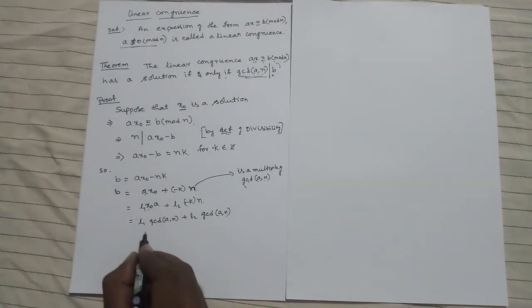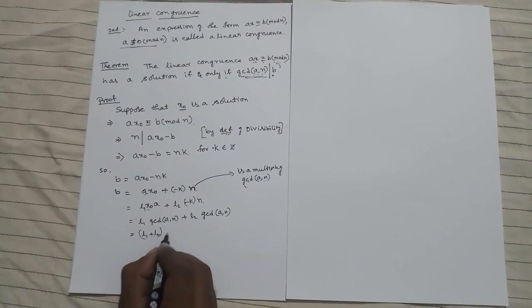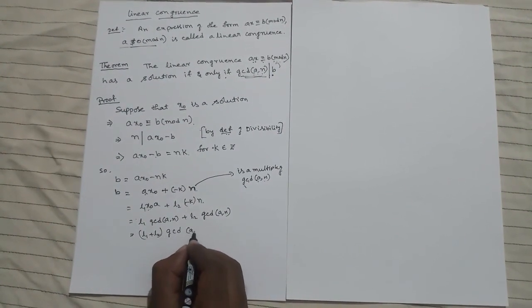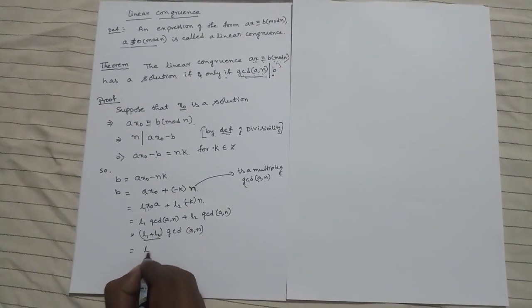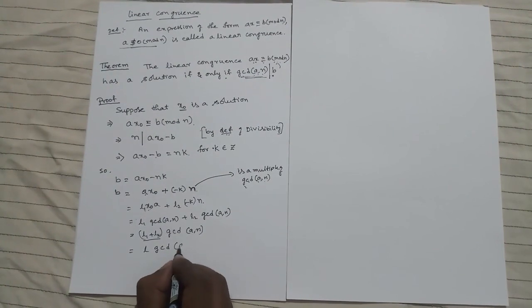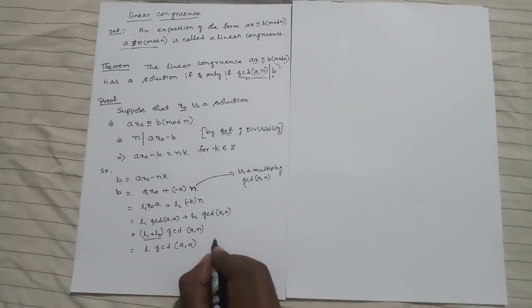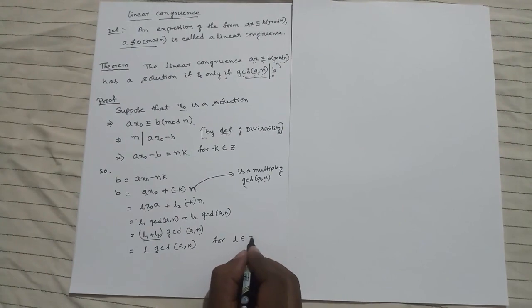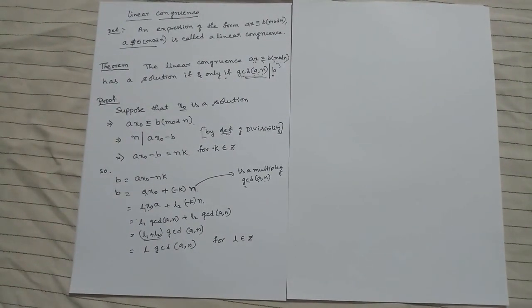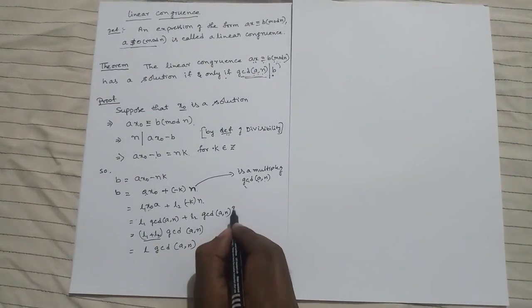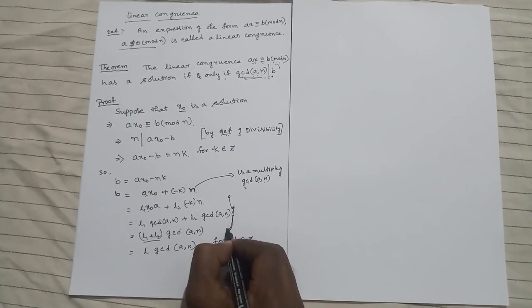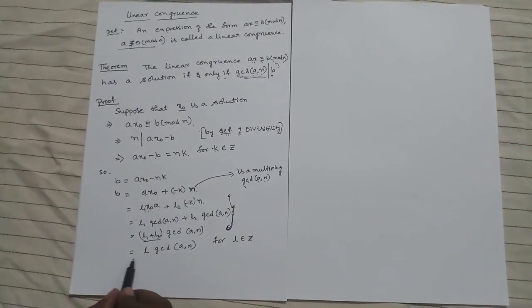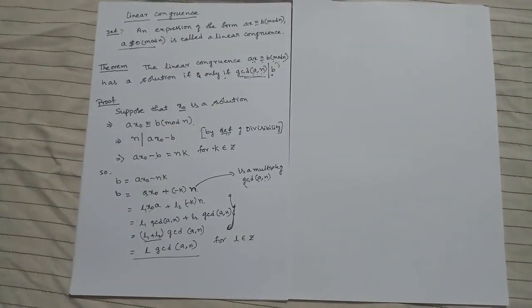So directly you can write L1 plus L2 times GCD of a comma n, that is L times GCD of a comma n for L some integer. You can skip these two steps and directly write this step. No problem in that one.